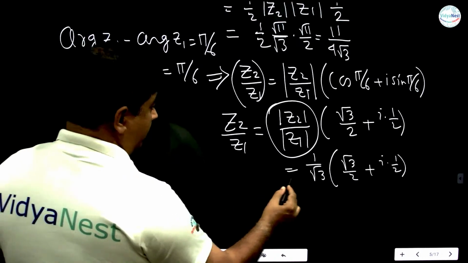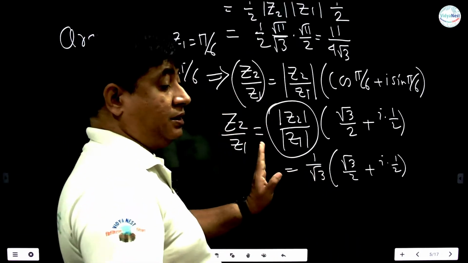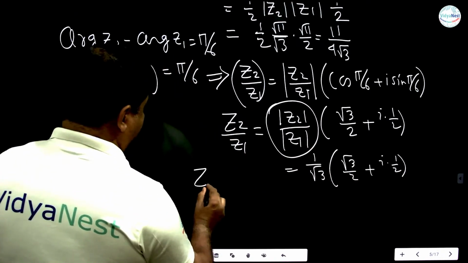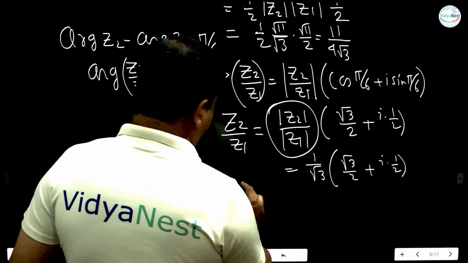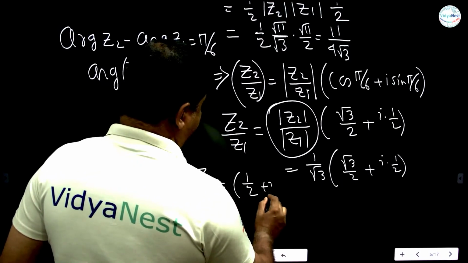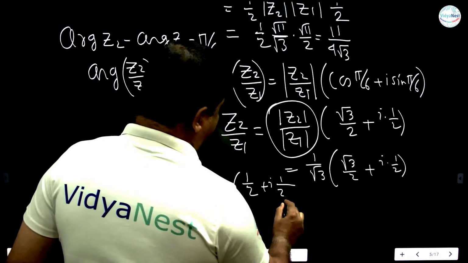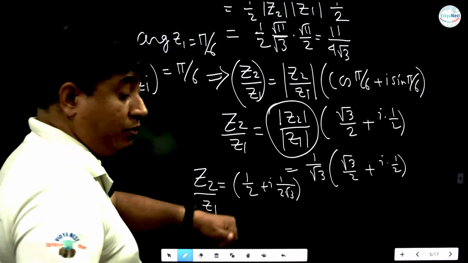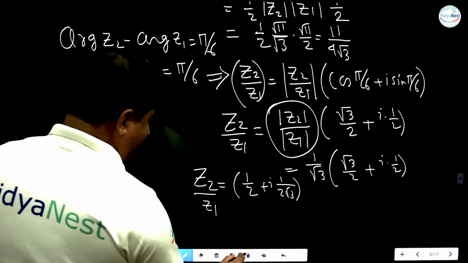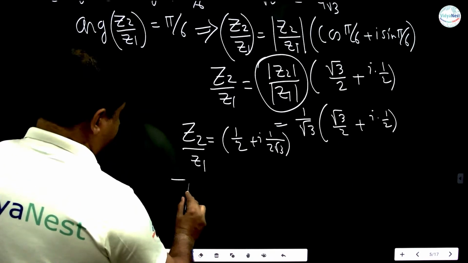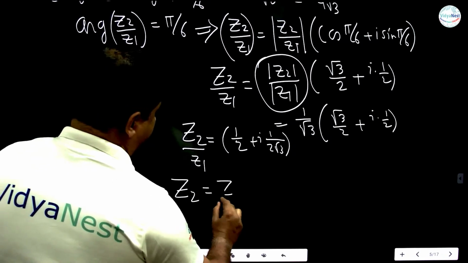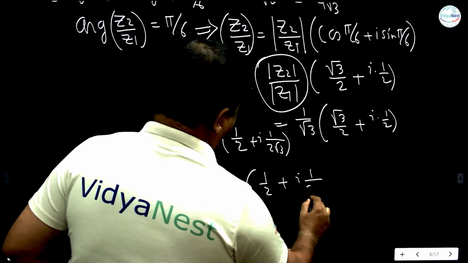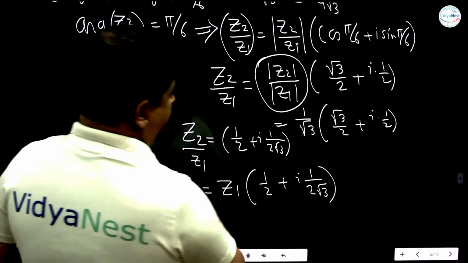Now, you just take 1 by root 3 inside by multiplication. You will get what? Z2 is equal to Z1 into half plus i by 2 root 3. Z1 you know. So Z2 is what? Z2 is Z1 into half plus i by 2 root 3.